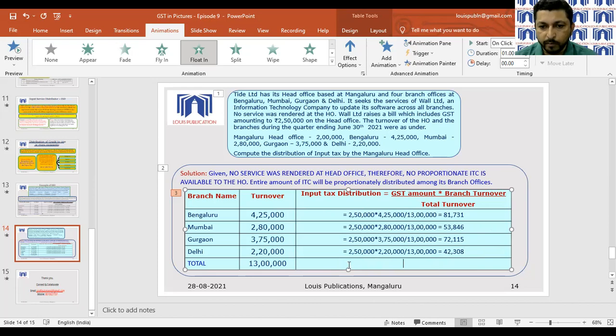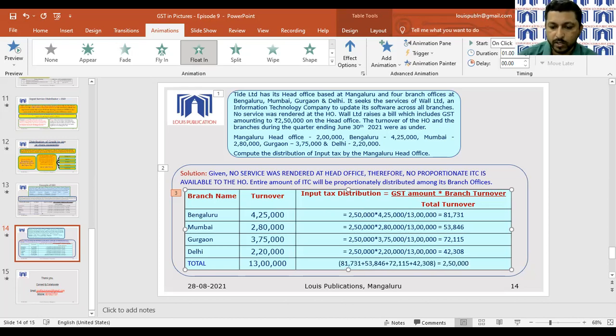So I'll just total this. This is just for the information. Suppose I total 81,731 plus 53,846 plus 72,115 plus 42,308. That amount put together should be equal to 2,50,000.